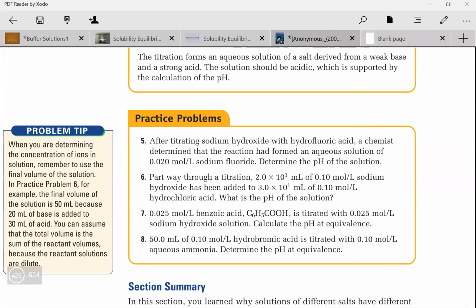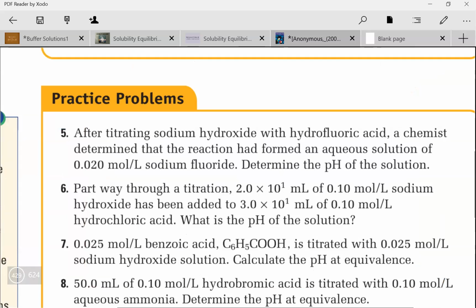Question number 5 is just practice for a salt equation, so we're just going to do that on here.